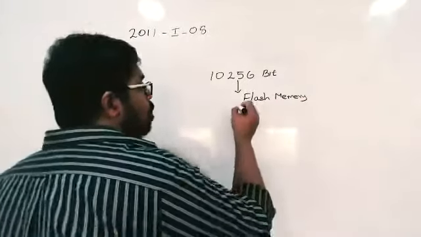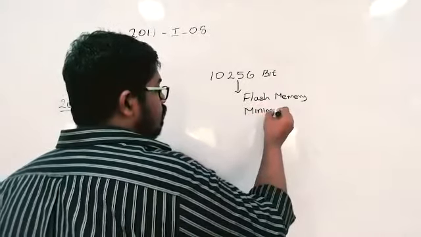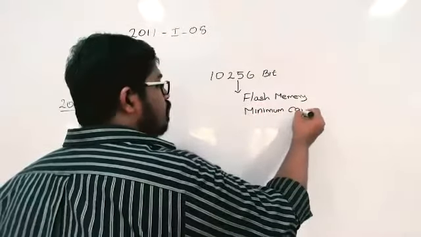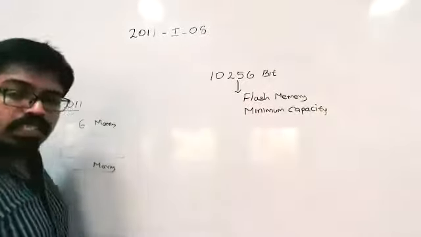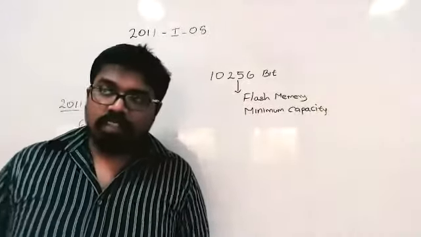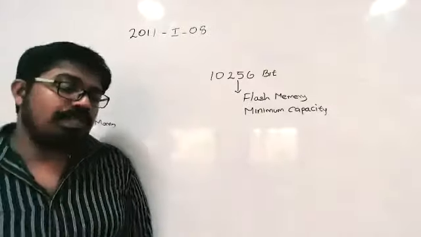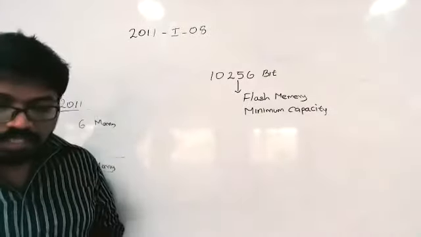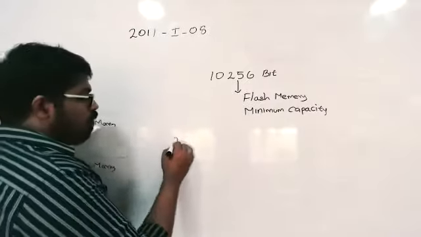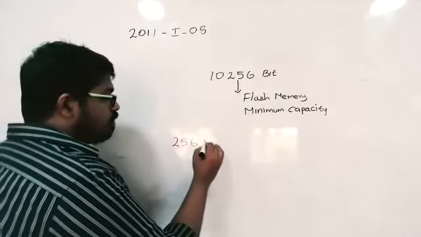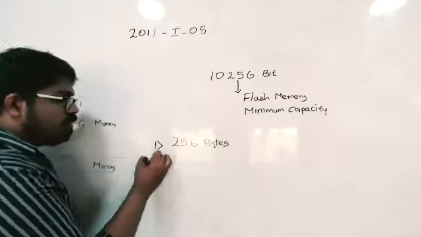They are asking minimum capacity. When they are asking you the minimum capacity, what you have to do is first consider the measurement units they provide. Here the first answer option is 256 bytes.